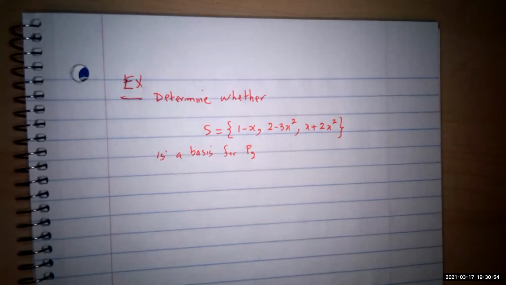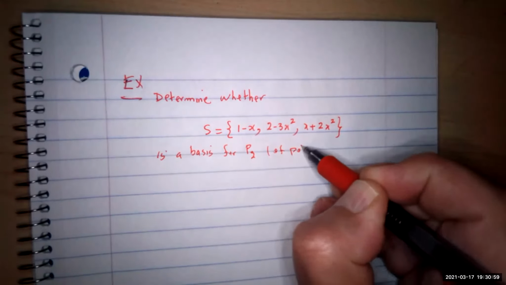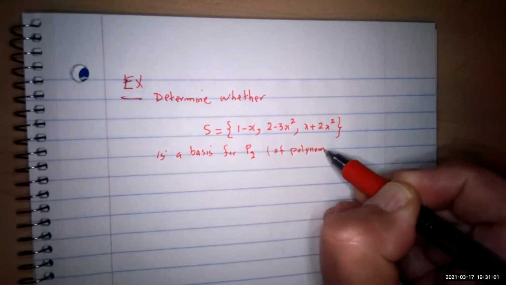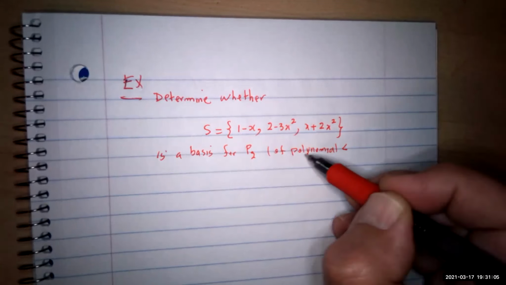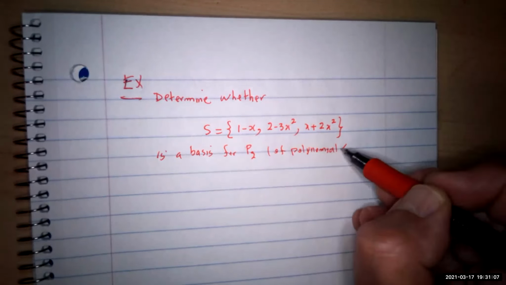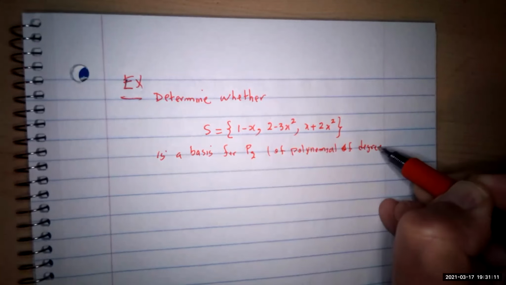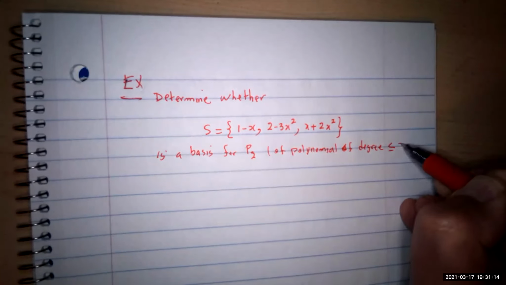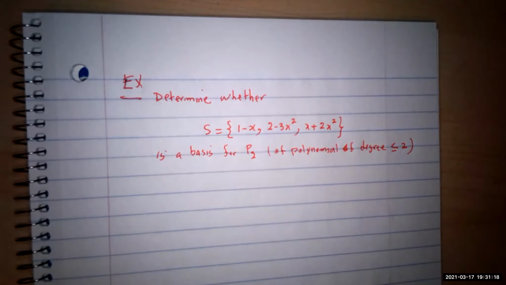Remember, P2 is the set of polynomials with degree at most 2, that is, polynomials of degree less than or equal to 2. We want to know if this is going to be a basis.